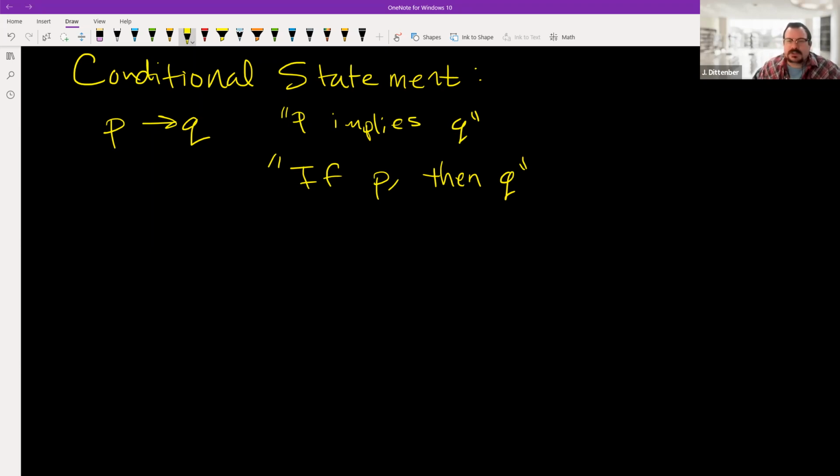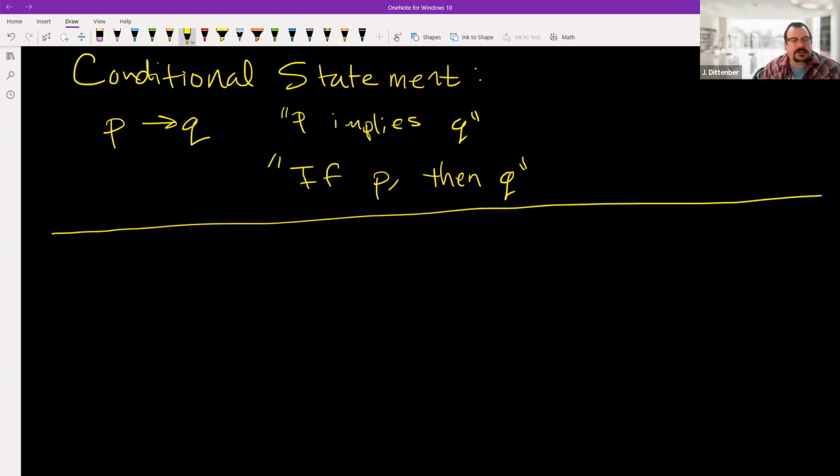Okay, so with this statement, we have some statements related to it. And essentially, these are just reconfigurations of this statement. Actually, I want to do the converse first. The first type is called the converse, and it's a little subtle.